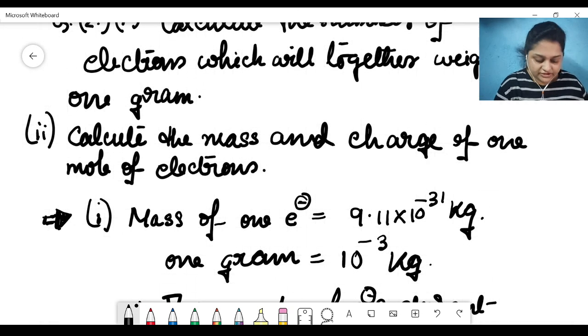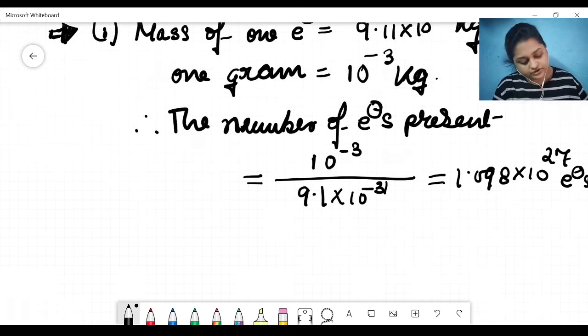The second question they are asking is to calculate the mass and the charge of 1 mole of electron. Again, we are going to take the mass of 1 electron.